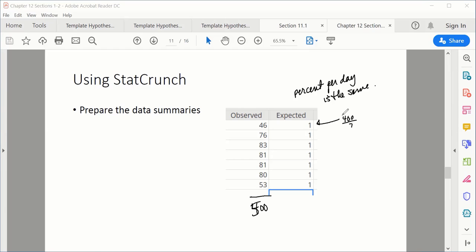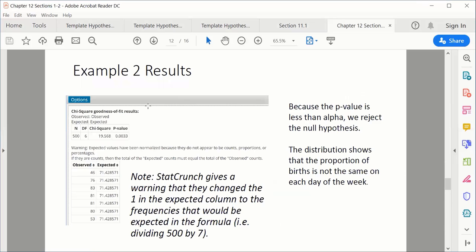So we'll just change it to 500. So we would expect each of those to be 71.3, I think it is. Okay, and we'd expect them to all be the same. But again, because we're using StatCrunch, just put the same number in each, and it'll take care of it for you. So that's what I put in.